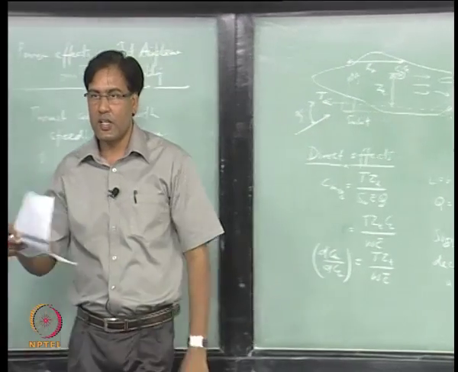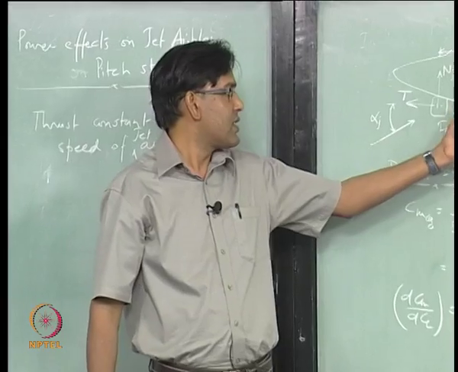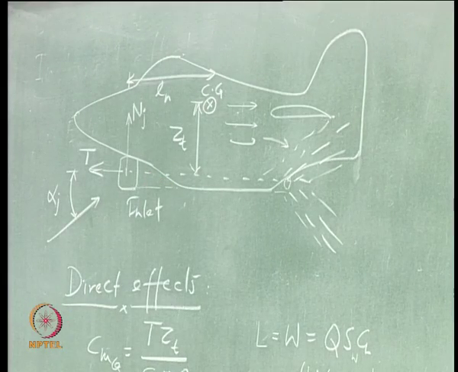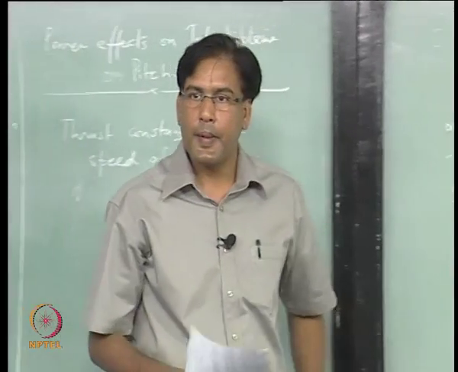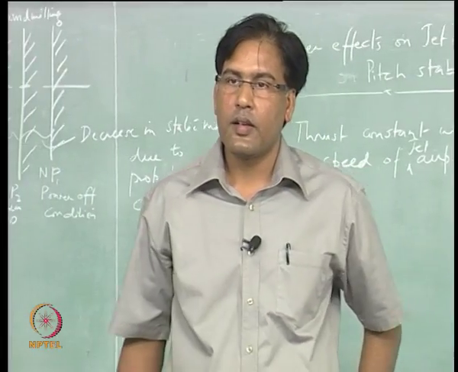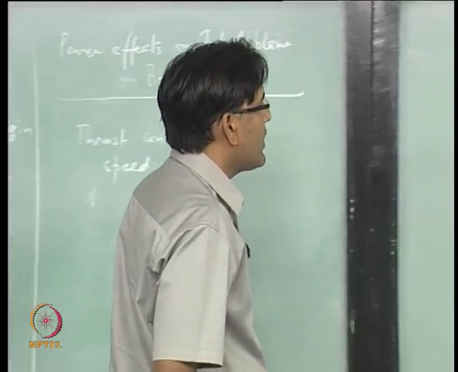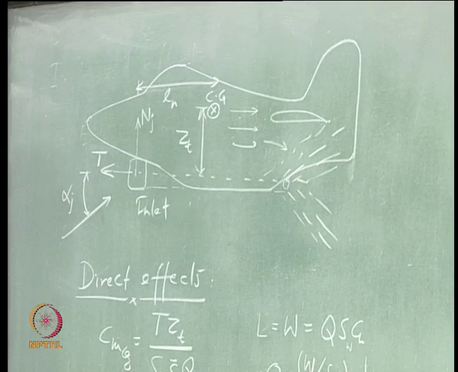If you cannot bring this CG below this line, then you should at least try to keep that distance very small. Why is the normal force due to the engine located closer to the inlet and not towards the middle of the engine?